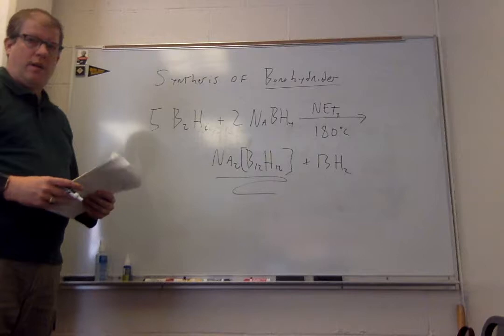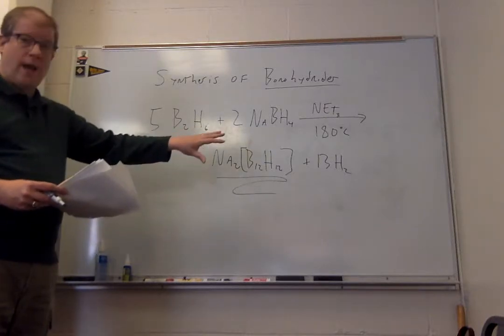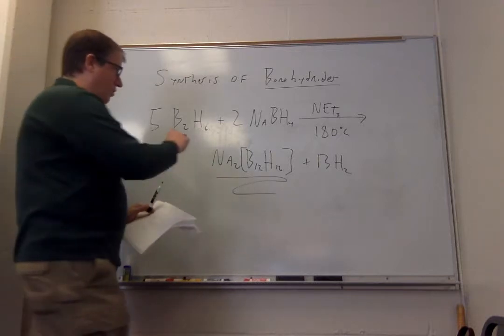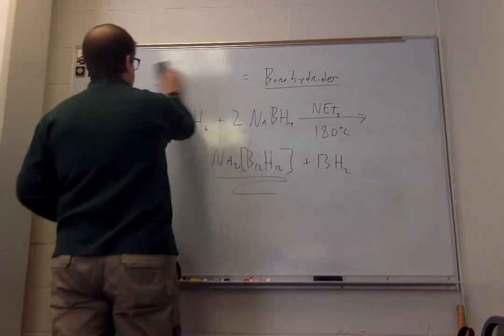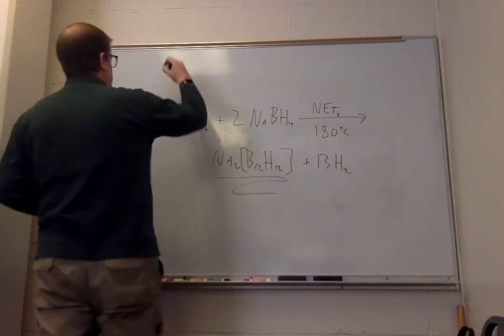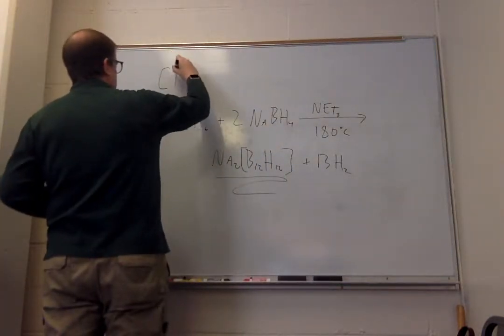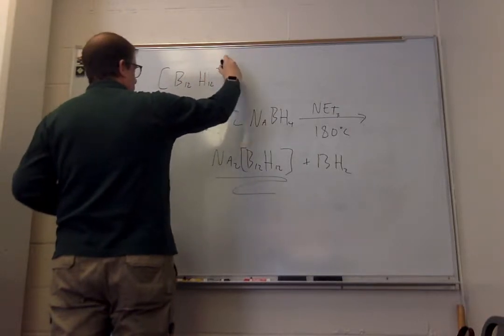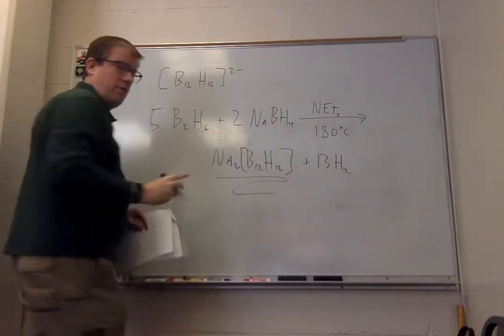And so now these brackets do not symbolize that the thing is unstable. If we take away the two sodium cations here, what we have is the following anion: B12H12 2-.